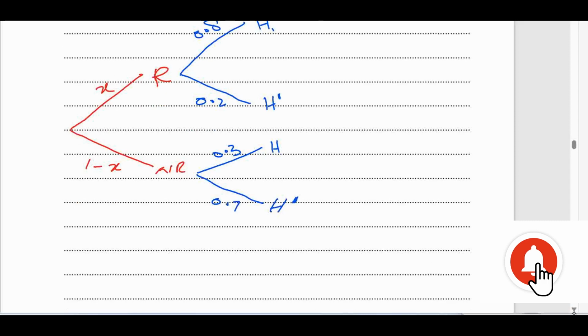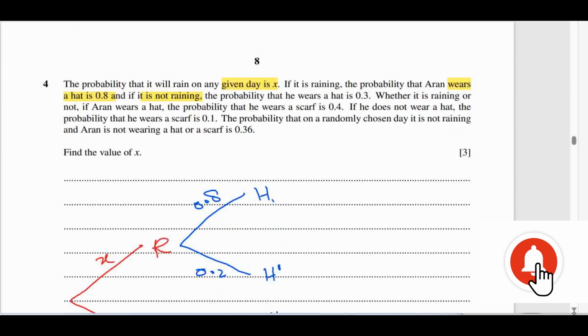Okay, now let's move on to the next portion. Whether it is raining or not, if Aaron wears a hat, the probability that he wears a scarf is 0.4.